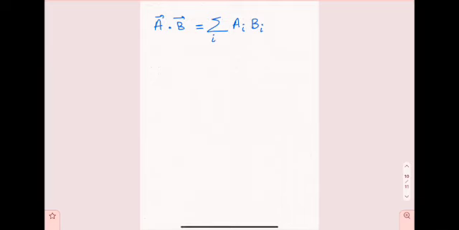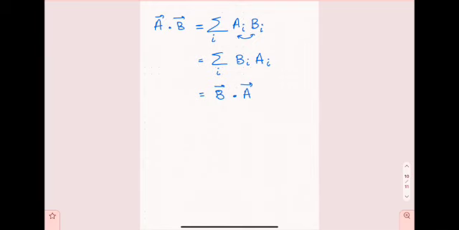Now, something funny here is that ai and bi are just scalars. So we can change the order here, because they're just scalars. So I can actually write this as the summation over i of bi times ai. This is also the same. And what do I get here? This is actually then vector b dot a.